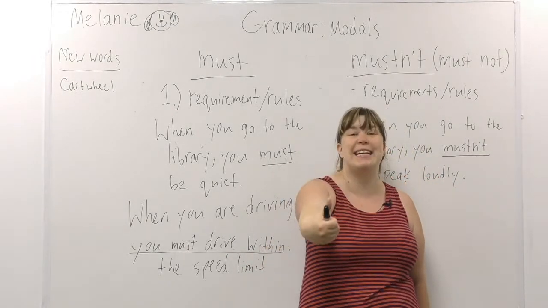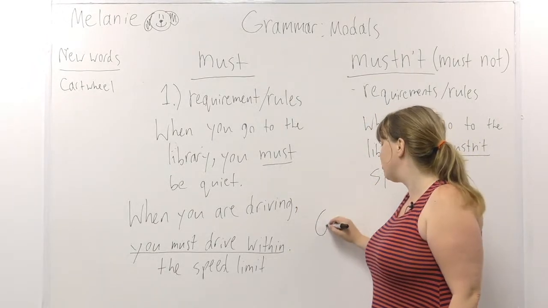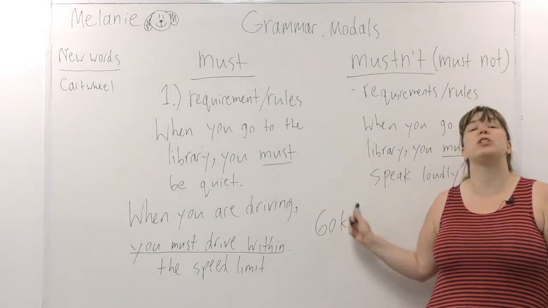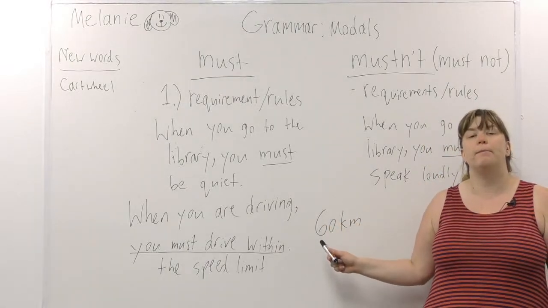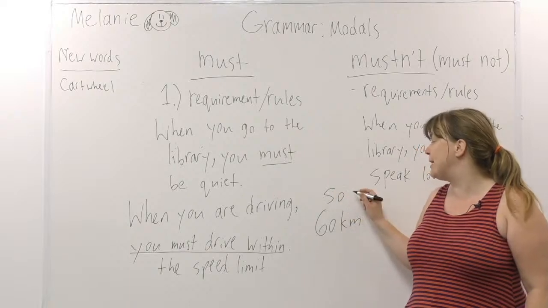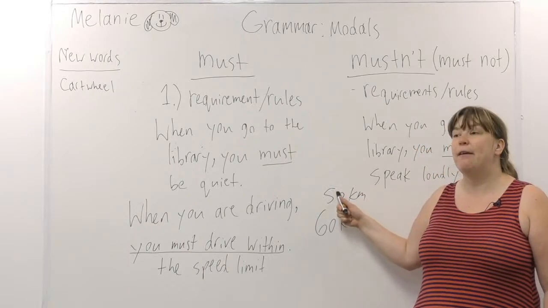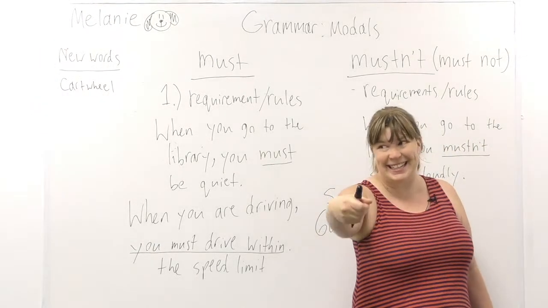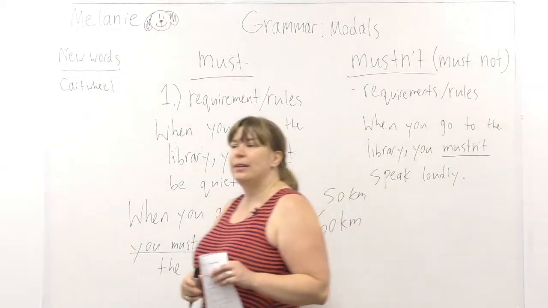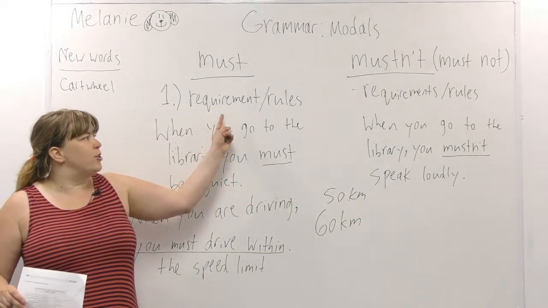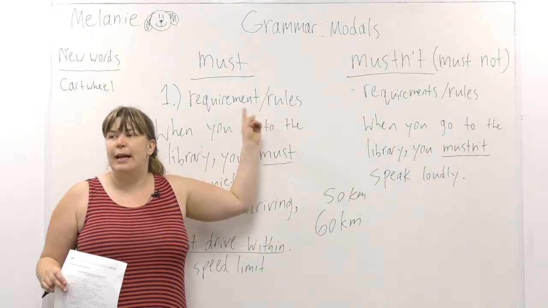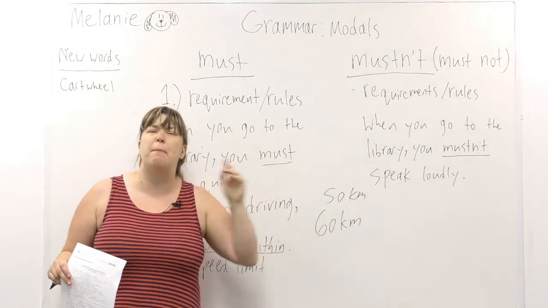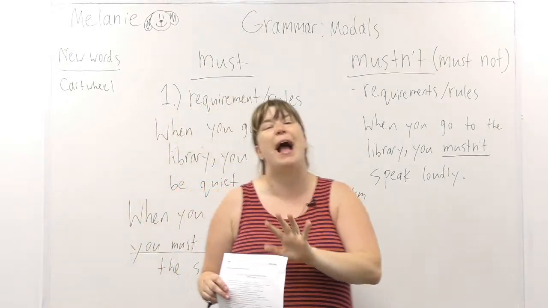You're going to get a speeding ticket from the cops. So, for example, in Vancouver, this is a very common speed limit. Or this is very common in the cities. And if you go any higher and the cop sees you, you're going to get a ticket. Oh yeah, so I forgot to mention with these rules, basically they imply if you don't follow them, something bad is probably going to happen.